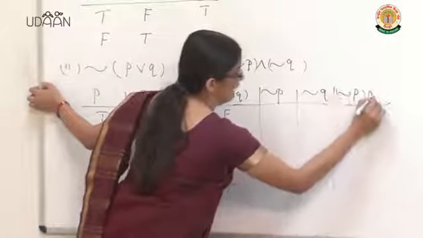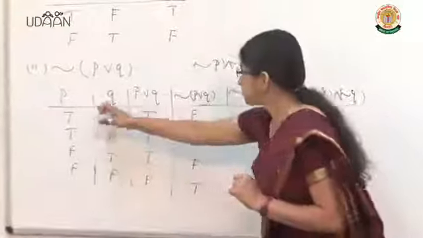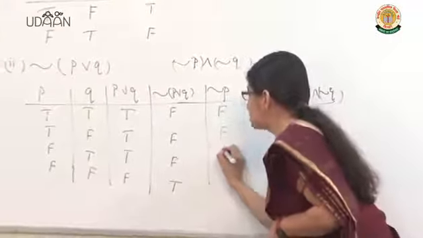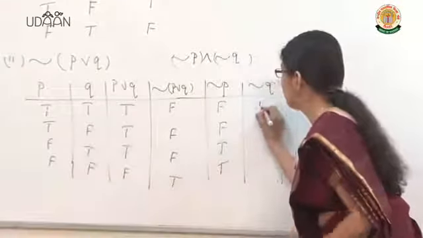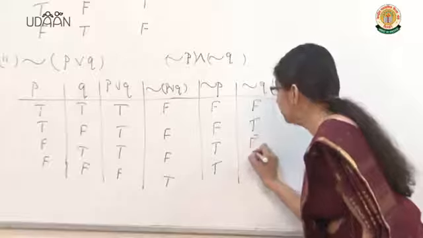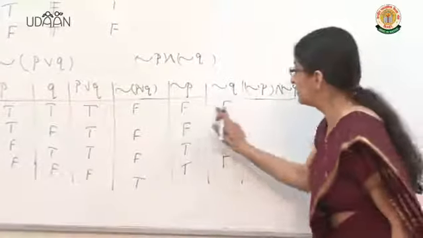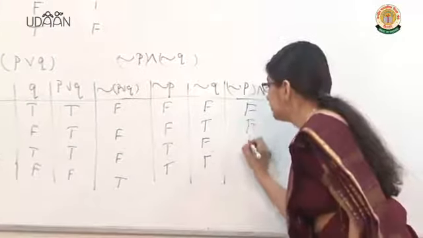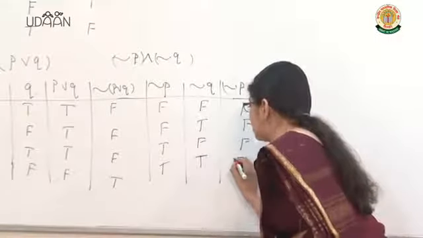Negation of P is false, false, true, true. Negation of Q, false, true, false, true. Now connect them by and. False and false is false, false, false, and this is true.